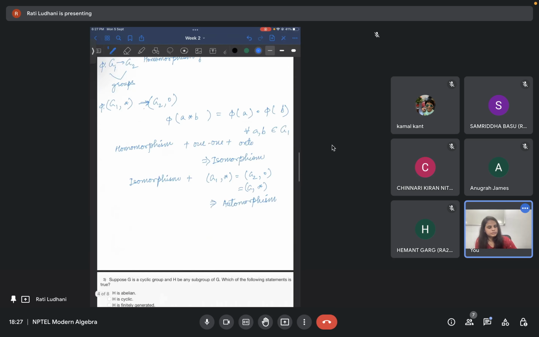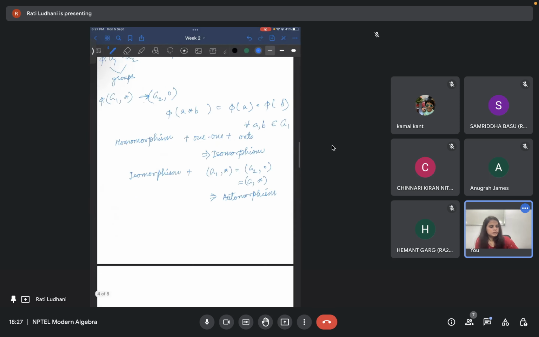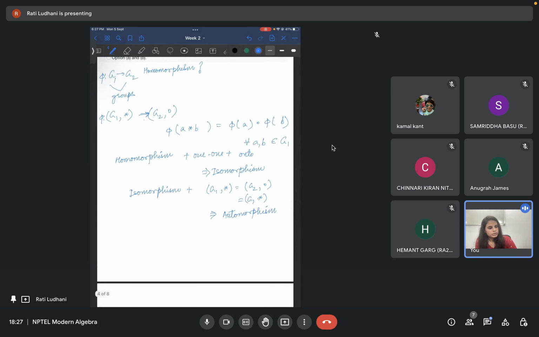So let's take the first one. T is given to be a map from G to G which says x goes to x inverse. Now first you will prove homomorphism. Let's check if this is a homomorphism.